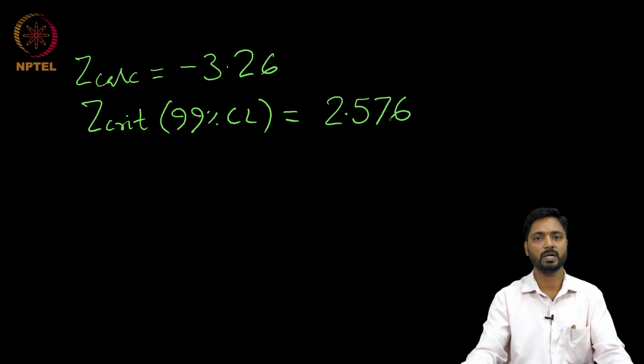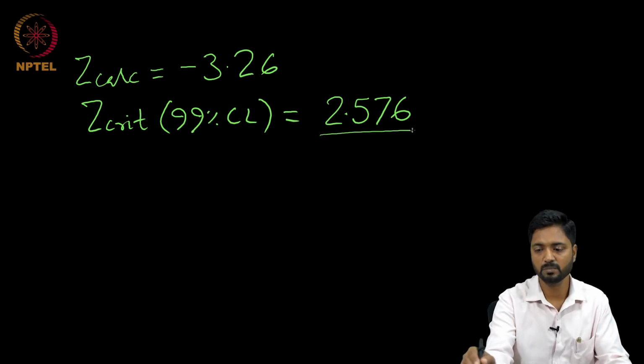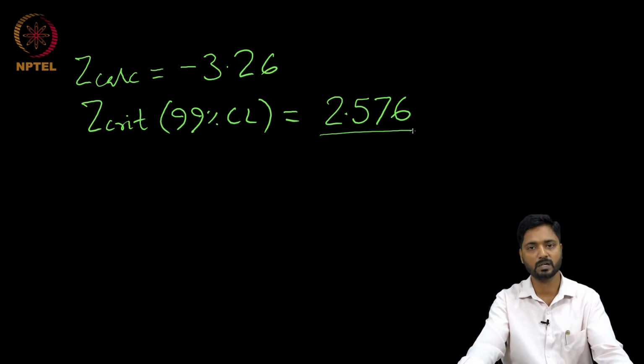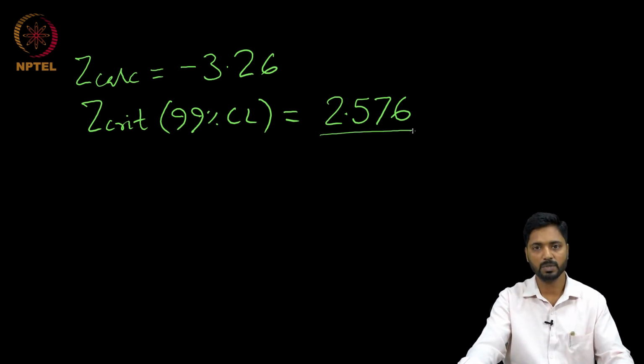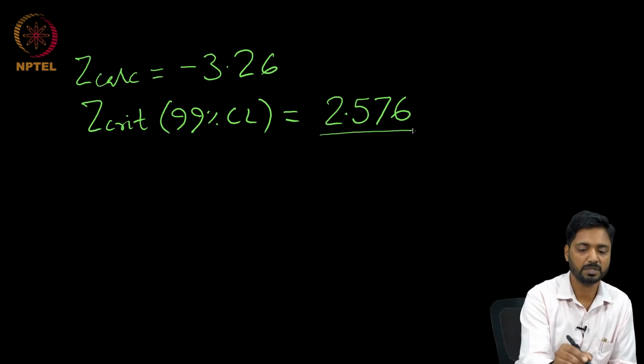2.576. You can look at the T table to check that this number being reported for the z critical value is correct or not, because you need to report this number and then make a comparison.